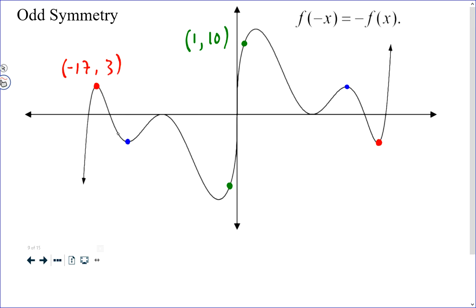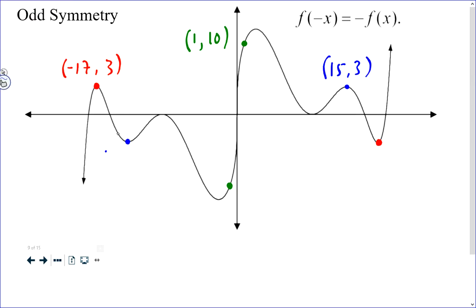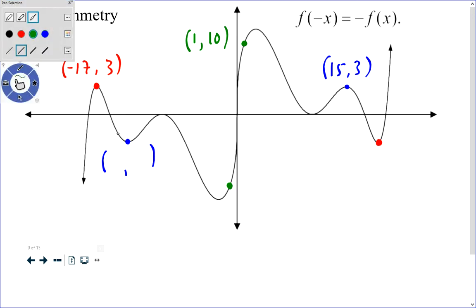And I told you that this blue point over on the right was 15, 3, and asked you to fill in the coordinates of the blue point on the left and the coordinates of the green point on the bottom and the coordinates of the red point on the bottom. You could do it by using the reflections I've talked about.